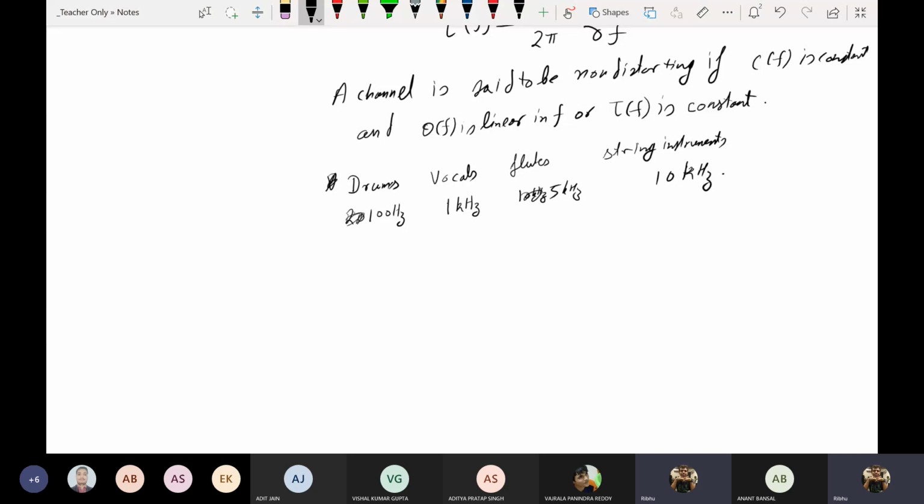I don't know why. So what I was saying is that if you are playing some music, due to the nonlinear phase response, the drums reach you early, the vocals reach slightly later, the flute reaches even later, and the string instruments land somewhere in between vocals and drums.